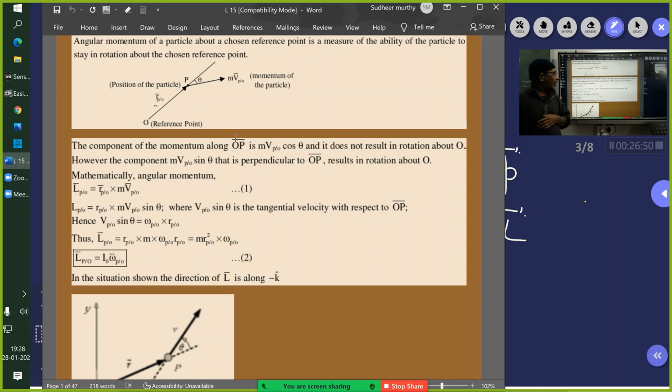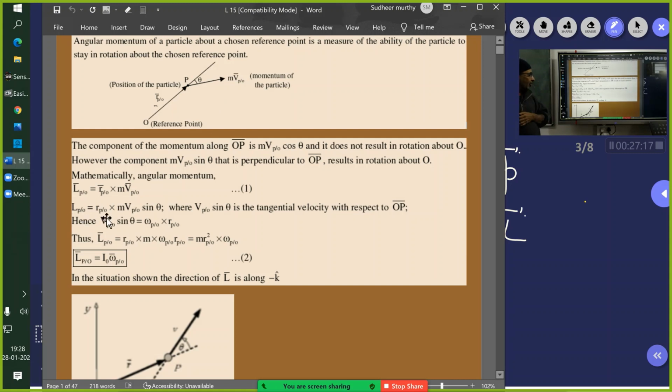So if this m v bar is moving along this line, then its angular momentum is 0, because its angle is not changing. That means you will only take the perpendicular component.